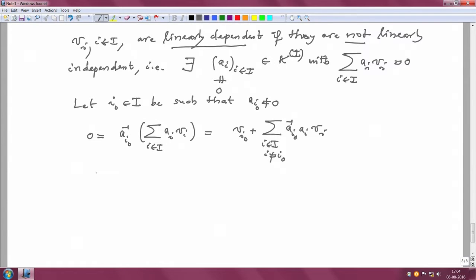So that will imply v_{i_0} equals minus the summation over i in I, i different from i_0, where the coefficients are now a_{i_0} inverse a_i, times v_i. So that means the element v_{i_0} in this family is a linear combination of the remaining ones. So that means in a generating set we don't need this v_{i_0}.